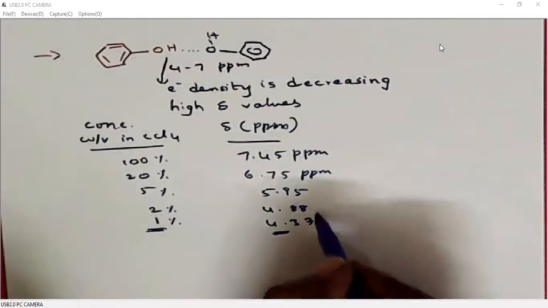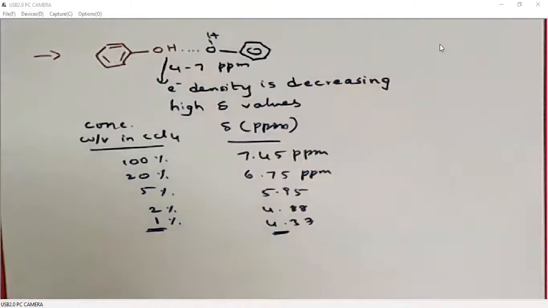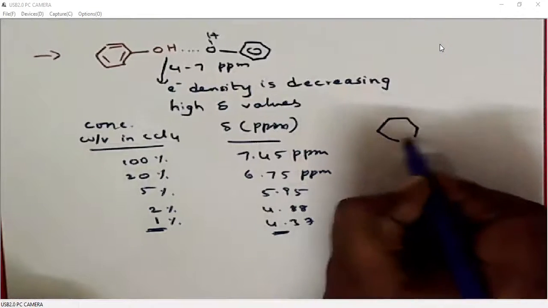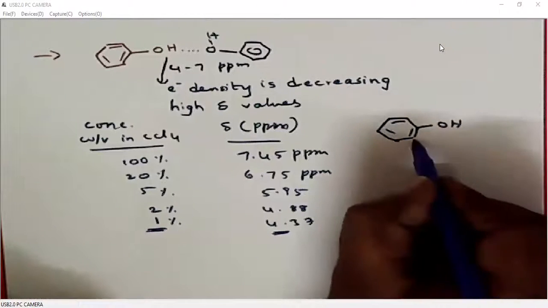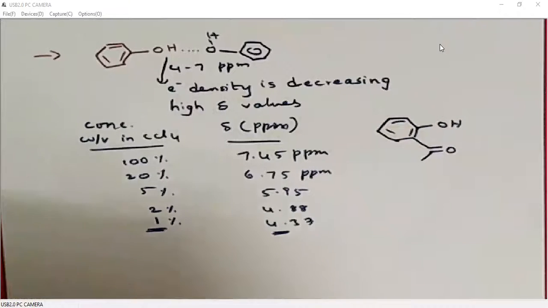If we increase the concentration, hydrogen bonding exists, so the delta value will also increase. For example, we will take this fellow, alpha hydroxyacetophenone.